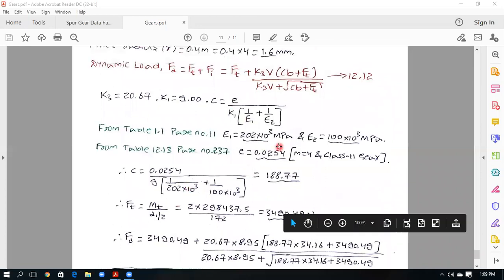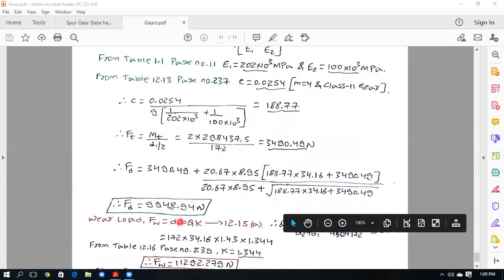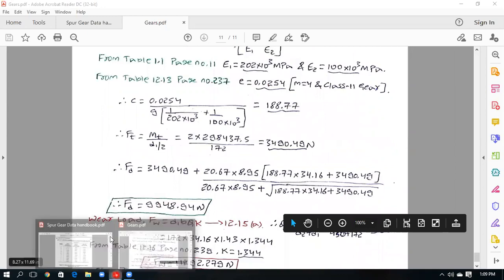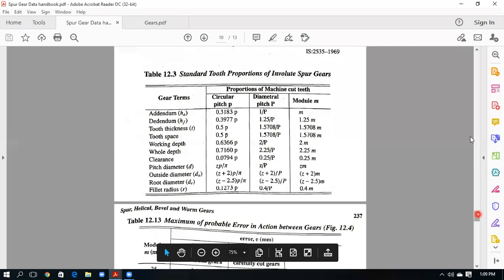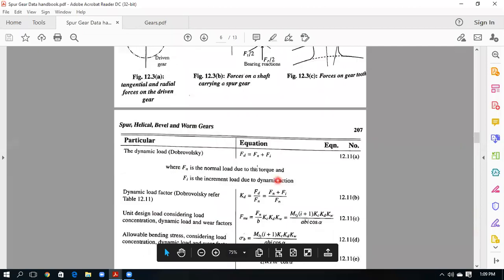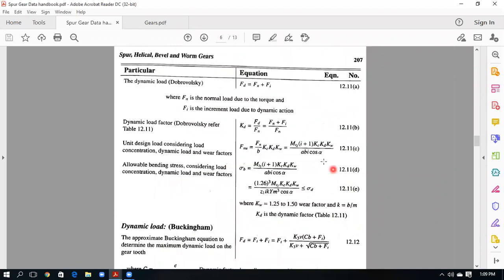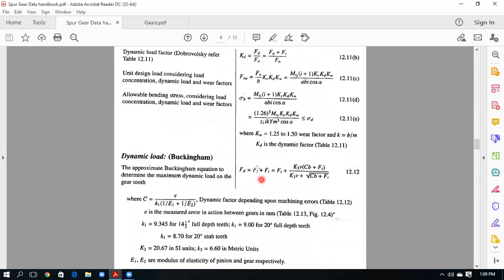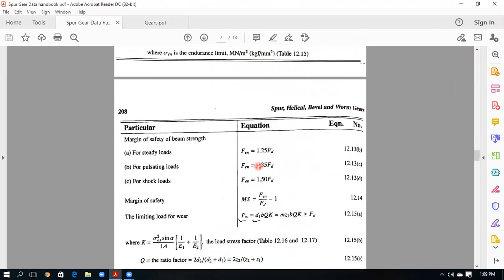After substituting that you will get the value of Ft, substitute that in this equation. Similarly find out the Fd, that is the dynamic load. Once you get the dynamic load, in the data book the formula for the wear load is given. From that you can calculate the wear load. This is the dynamic load formula, and after that they have given the wear load formula.